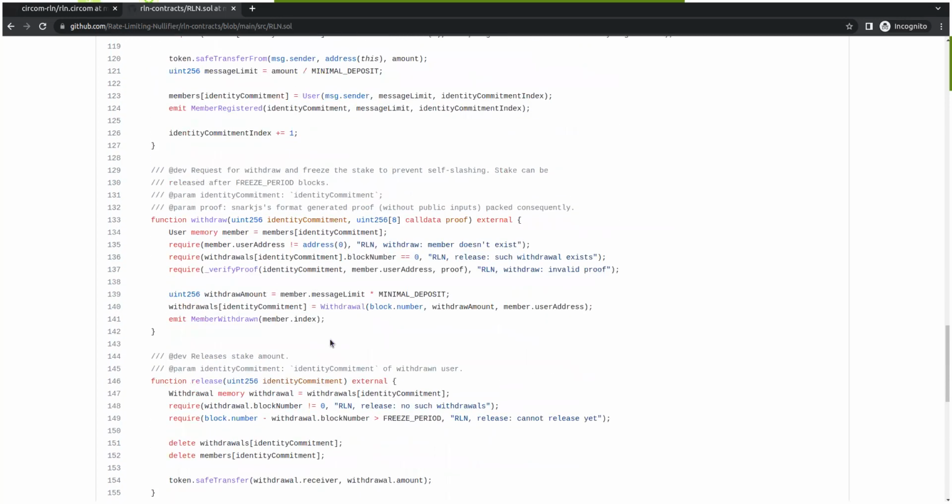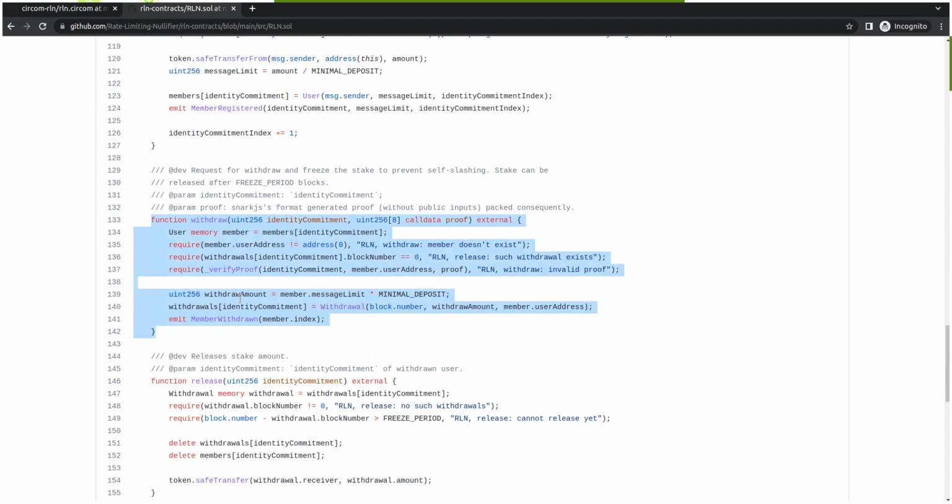When you call the withdraw function, it's already a withdraw function. Why do we have the time lock? To give some time for other RLN users to slash this person. Because if the user is a spammer, then someone should be able to slash him.